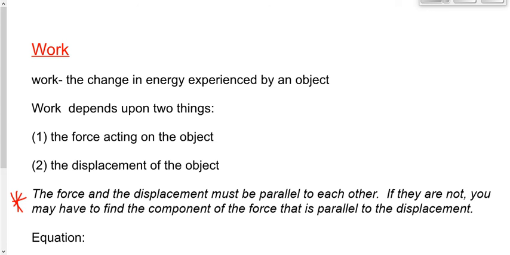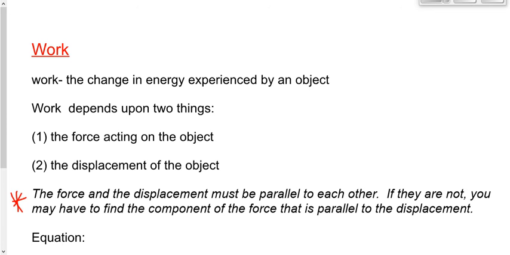Now listen to this. We said that we have to have a force and a displacement, but we have to have a force and a displacement in the same direction. In other words, if a wagon is rolling down the street horizontally, and I jump on the wagon and apply a force downwards on that wagon, I'm not doing any work on the wagon because my force isn't contributing to the motion of that wagon, right?